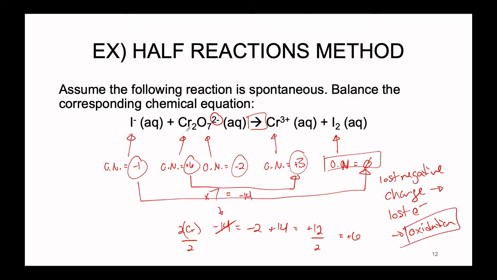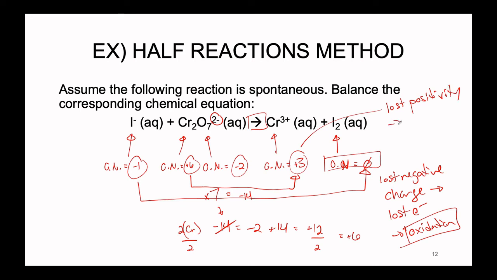The chromium we can see as a reactant started with a +6 charge, and over the course of the chemical reaction, it dropped to a +3. Notice that any type of gaining of electrons doesn't mean that your species is going to end up being a negative ion, right? We went from a high positive number to a moderately high positive number, but we still lost positivity.